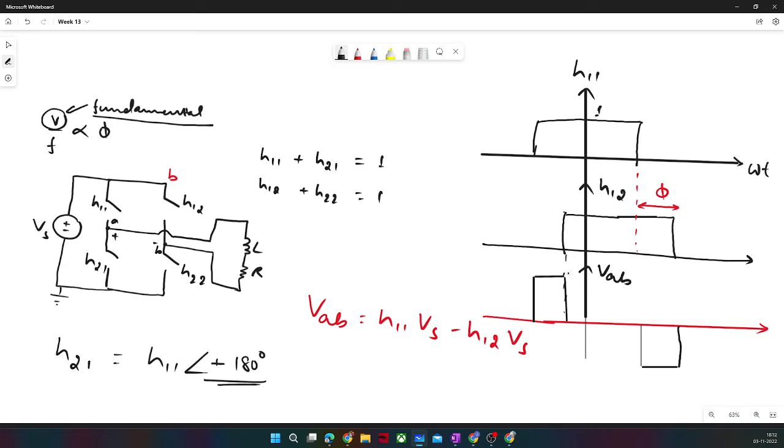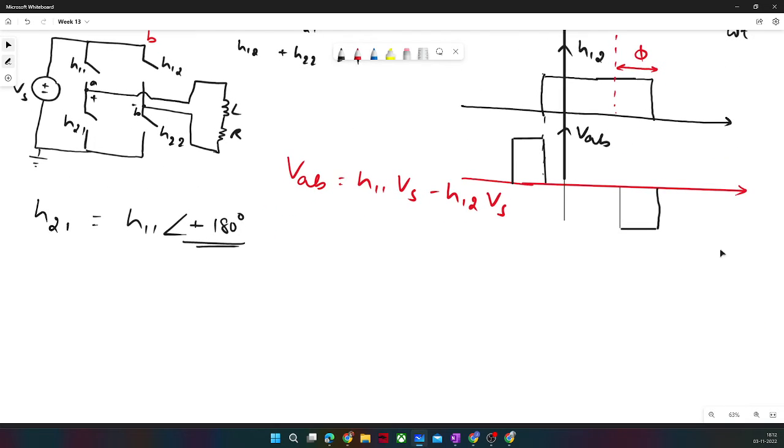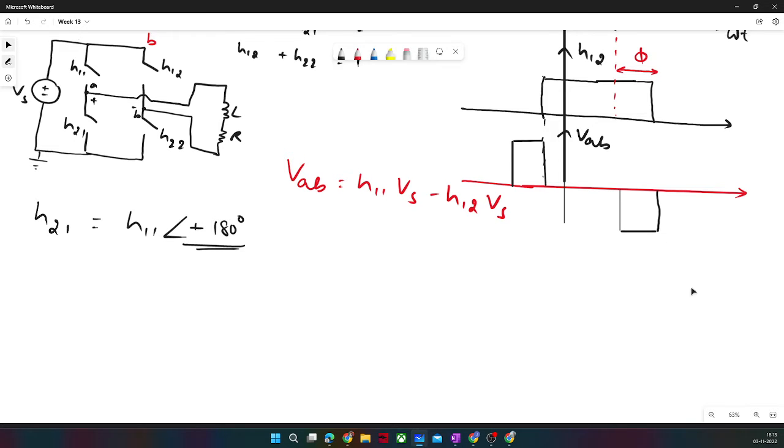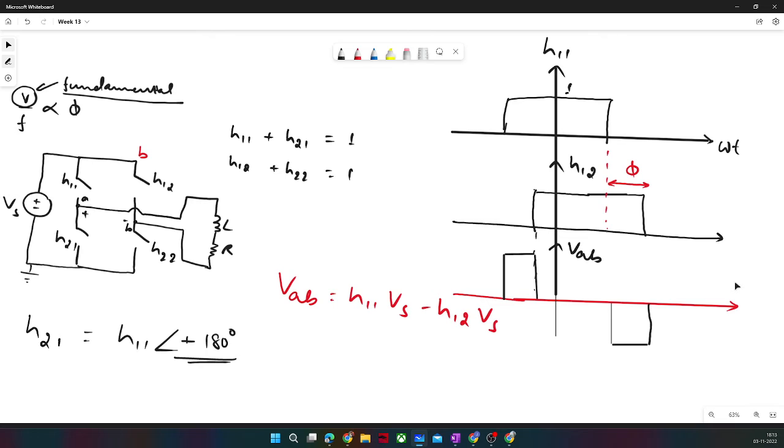Okay. For that purpose, for any waveform in power electronics, we need to know Fourier series. I think we can do that because we know the switching Fourier series of H11, and we can calculate the switching Fourier series for H12, which is just shifted by phi from H11, and we will calculate VAB.